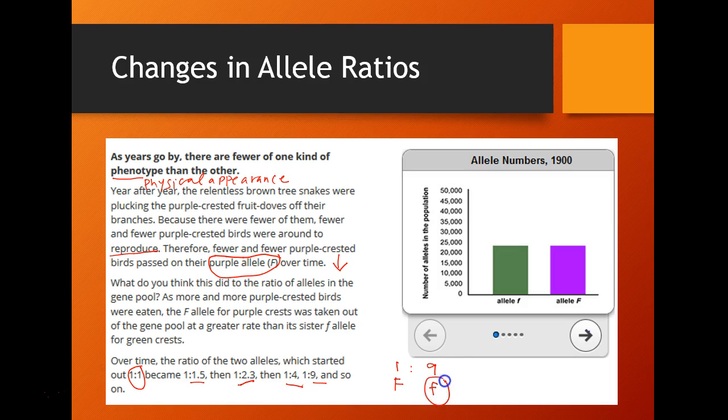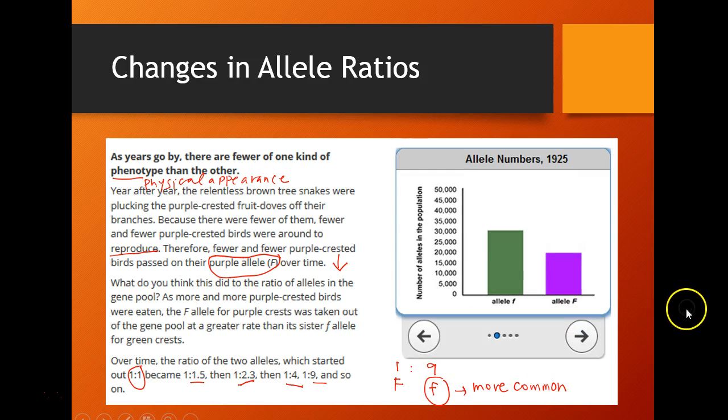So this one is becoming more common. Okay, so we see here, it's eventually this little f, the amount is going up, and the big F is going down because those purple birds are not reproducing.